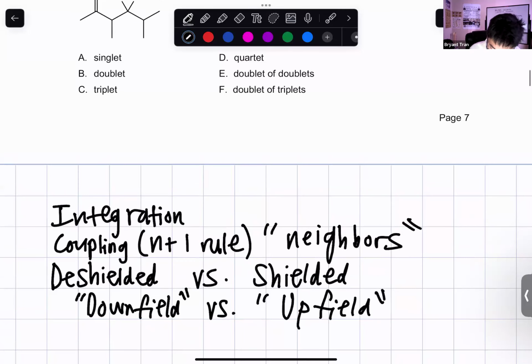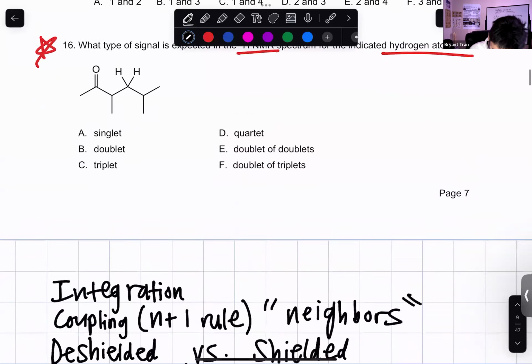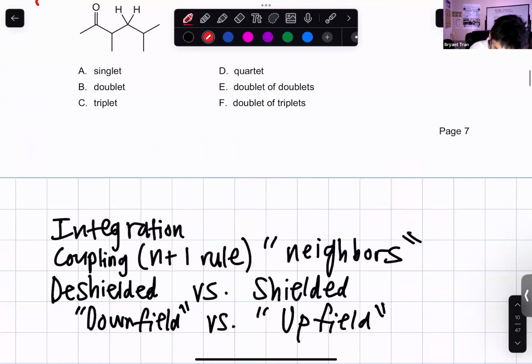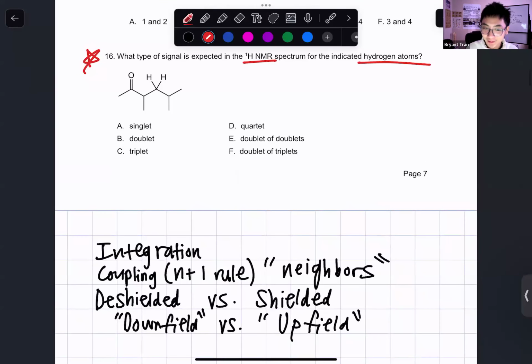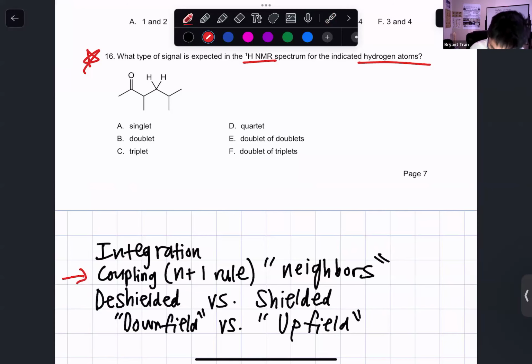This question is specifically asking, if you remember, what would you guess: integration, coupling, or the de-shielded versus shielded range? It's okay if you don't remember, but if I were to guess, probably coupling. Yep, coupling, that's right, which is the number of neighbors.